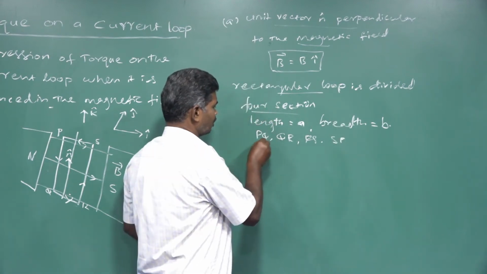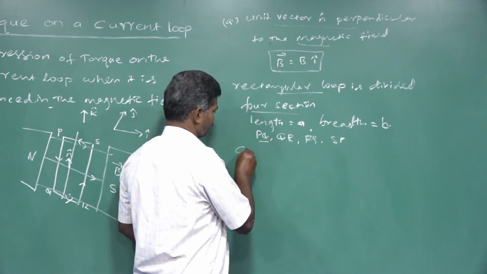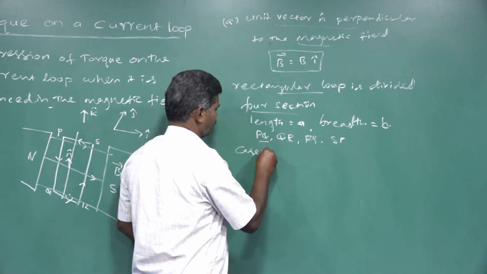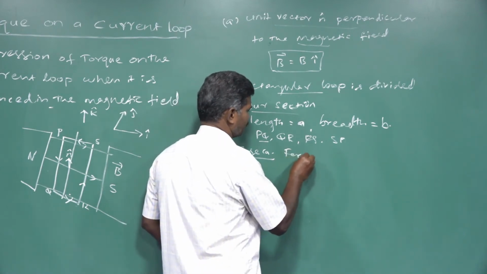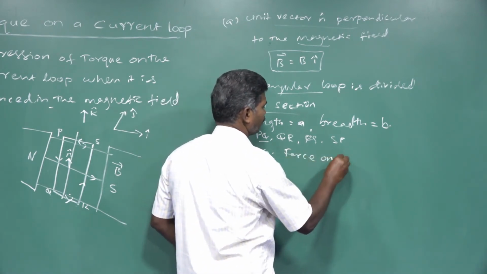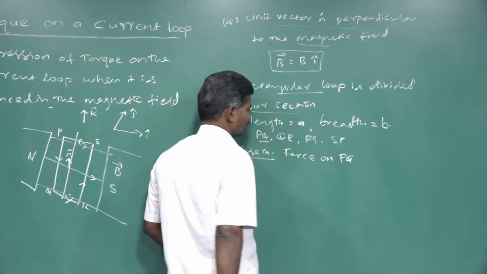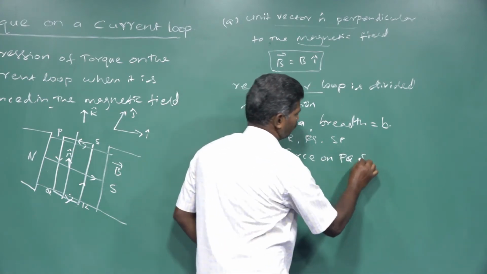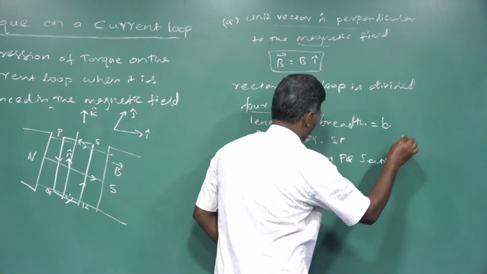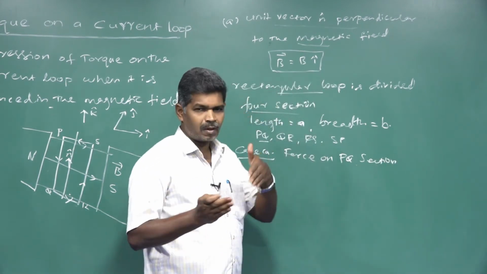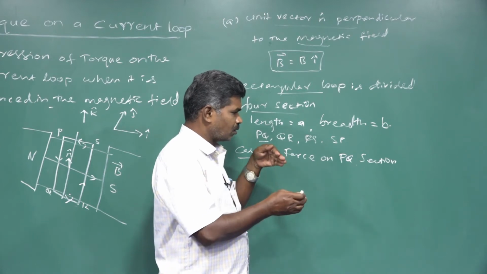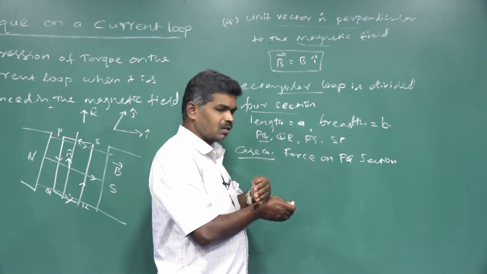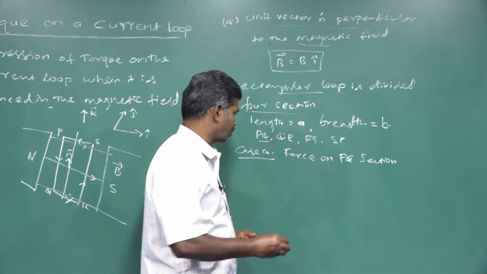First section, case A: force on the PQ section. When a current passes through the PQ part in a magnetic field, it experiences a force.